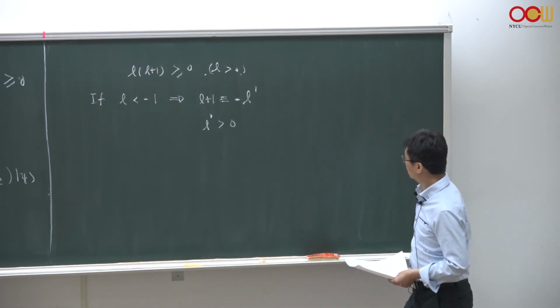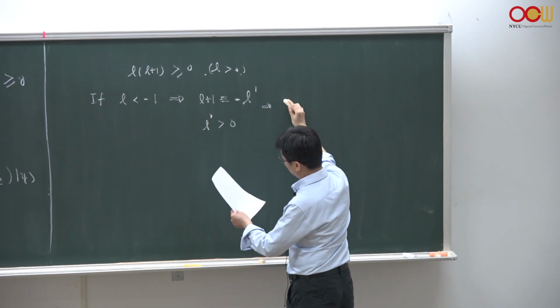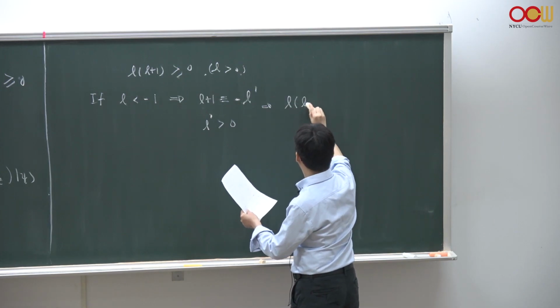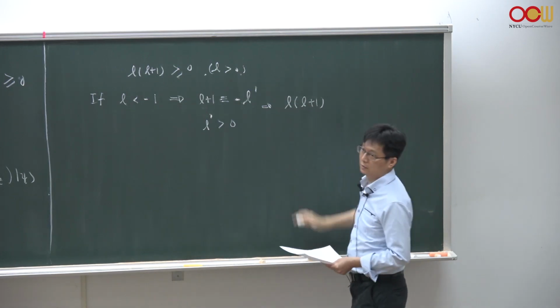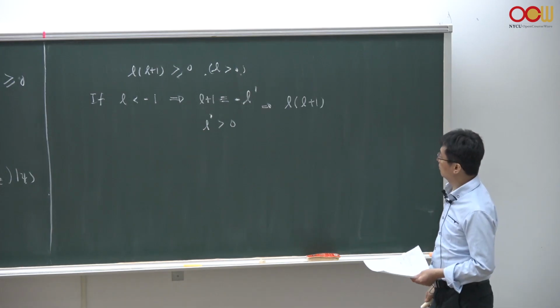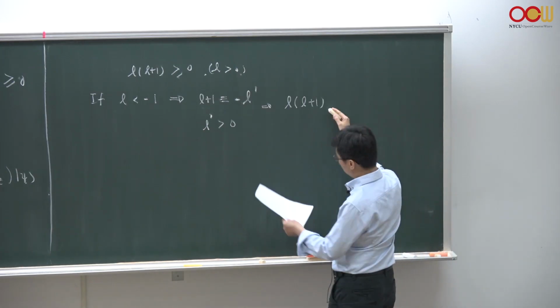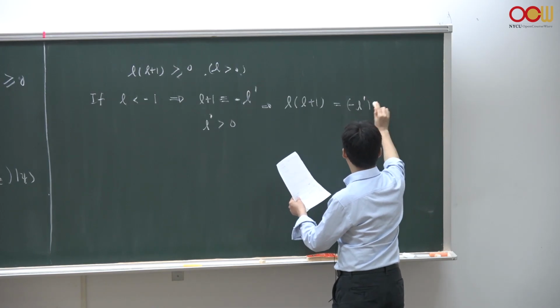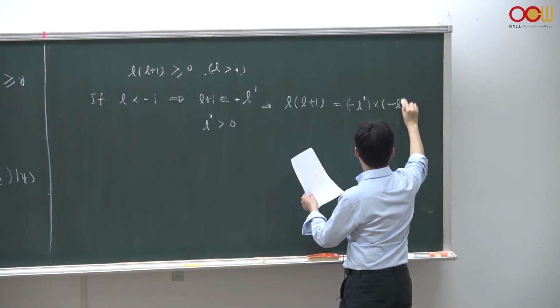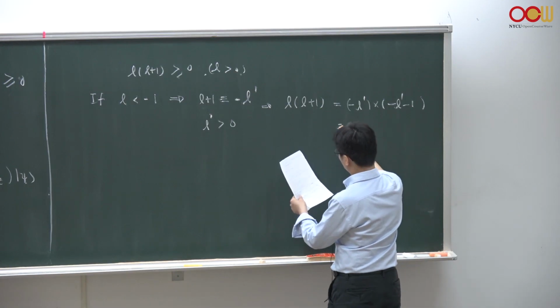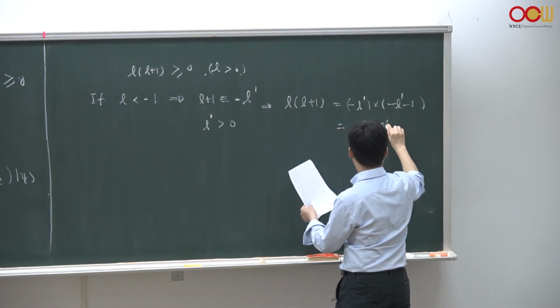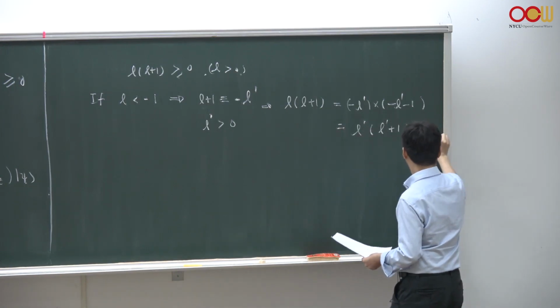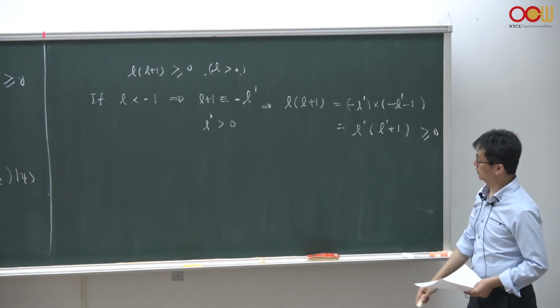Okay, so in that case, we can show that l times (l+1), even if l is negative and less than -1, is given by minus l prime times minus l prime minus 1, which is again l prime times (l prime + 1), which is again greater than or equal to 0.